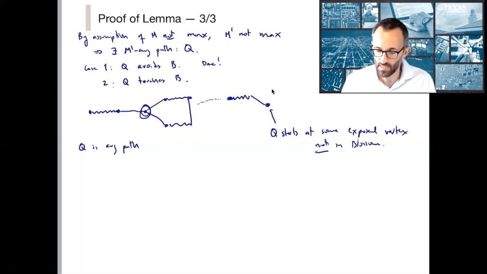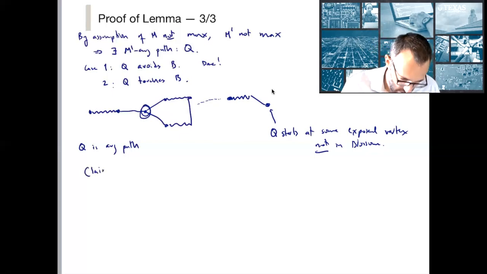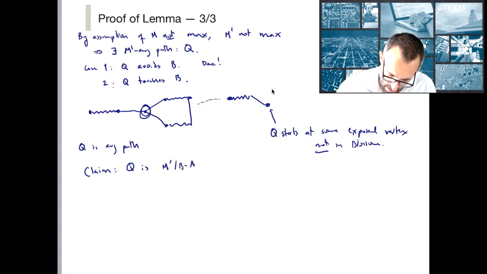So the claim is as follows. The claim is that we can make Q m-b augmenting in the contracted graph.